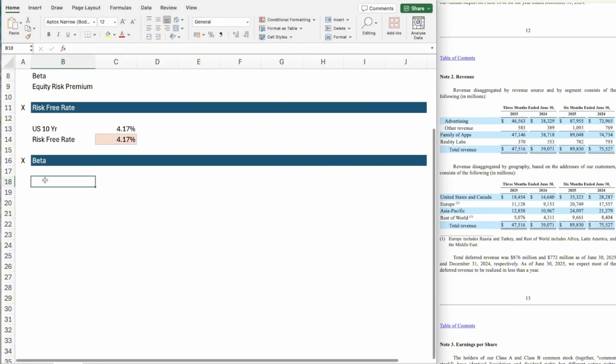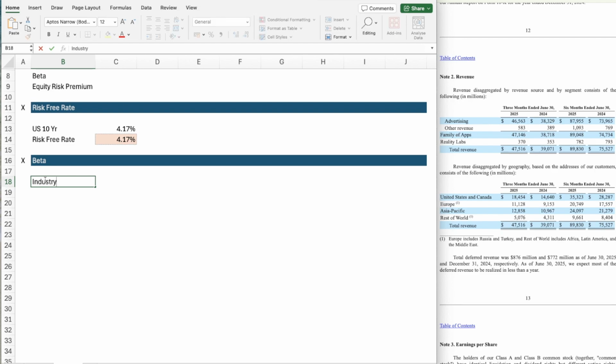So we just need to put some headings. Industry. The sample size, we don't really need the sample size.